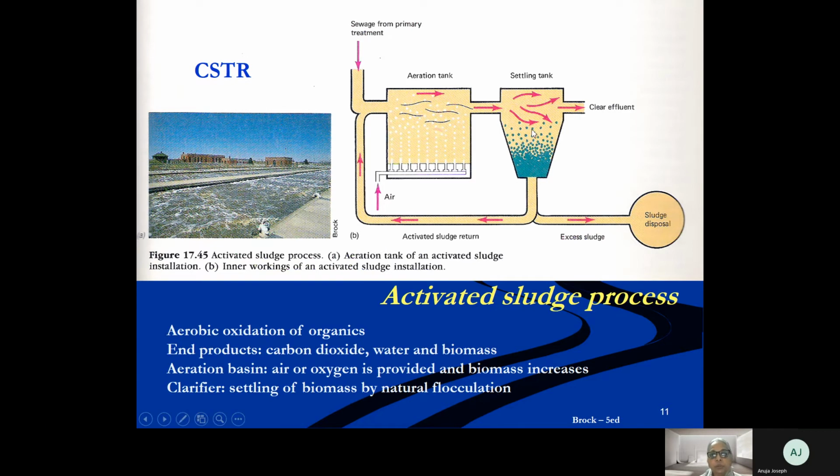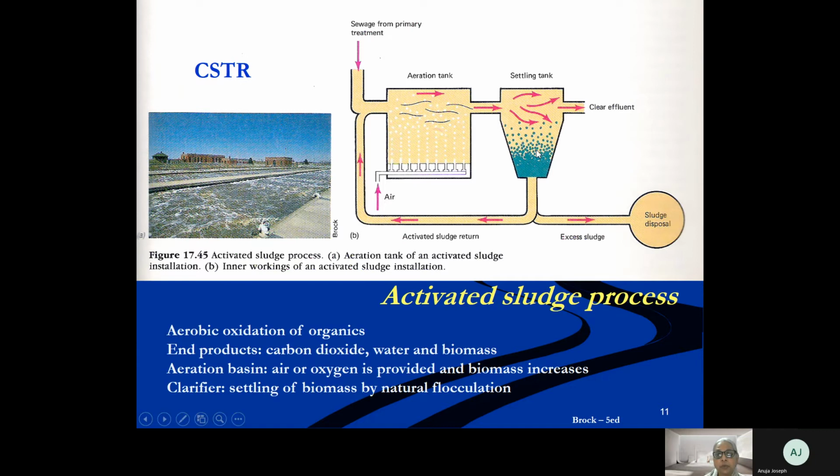So this water then goes to a settling tank, and because there is a huge amount of biomass that has been generated, the biological particles or bacteria will stick together, they will form floc, and they will settle to the bottom over here. At the top, you will have clear liquid, and that is our objective. So this clear liquid will then be taken for either tertiary treatment or for disposal.